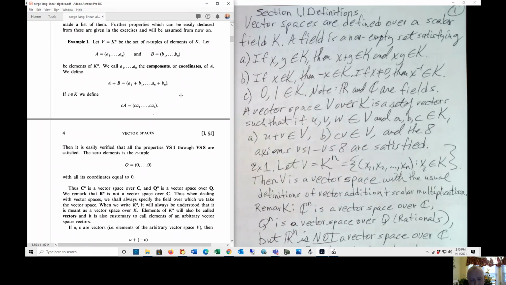And then, of course, we know the zero vector is the vector whose every component is the scalar 0, with all coordinates equal to 0.